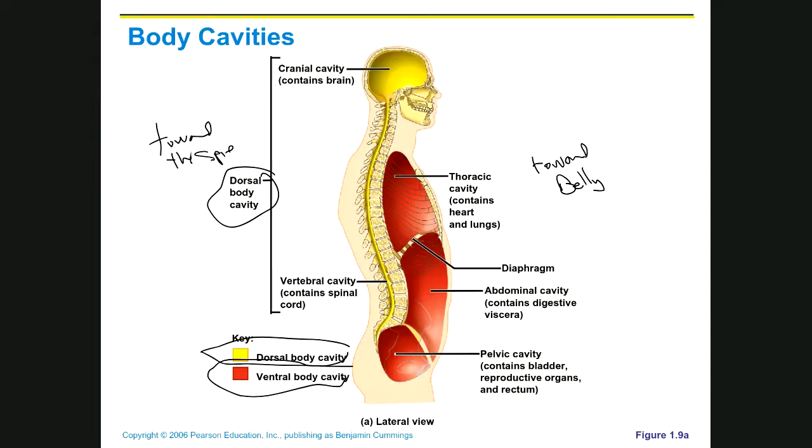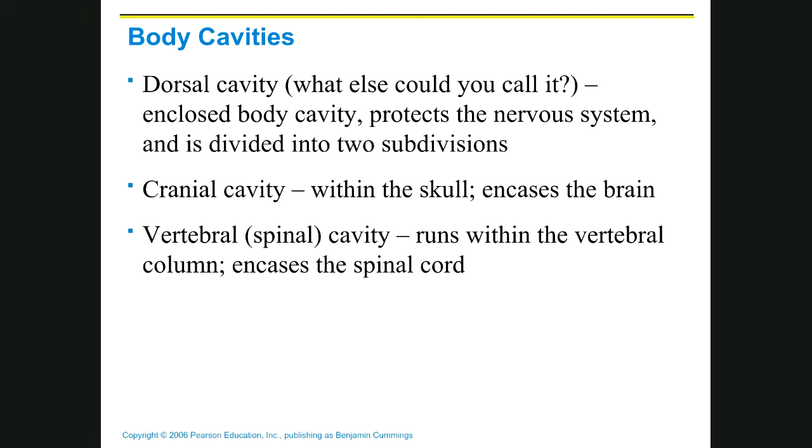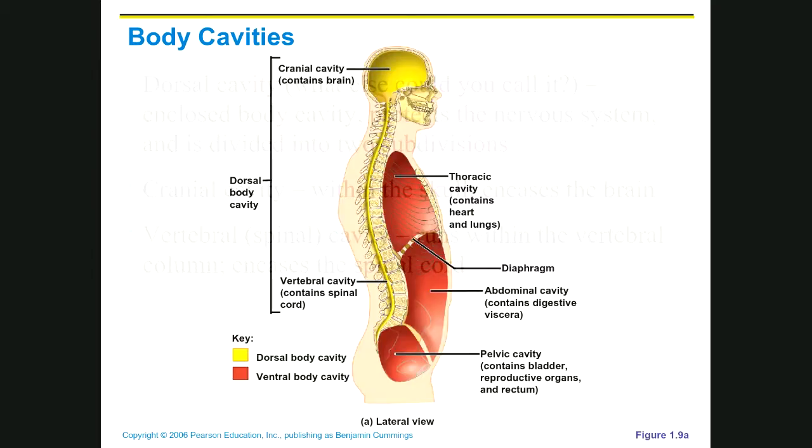If we look at this dorsal cavity, you could also call it posterior, but hardly anybody ever does. Most people just use the word dorsal. But remember, in humans, these two words are interchangeable, so it would be correct. This dorsal cavity is where the nervous system is. If you look at it, it's this whole big yellow cavity. Obviously, this is different from this.